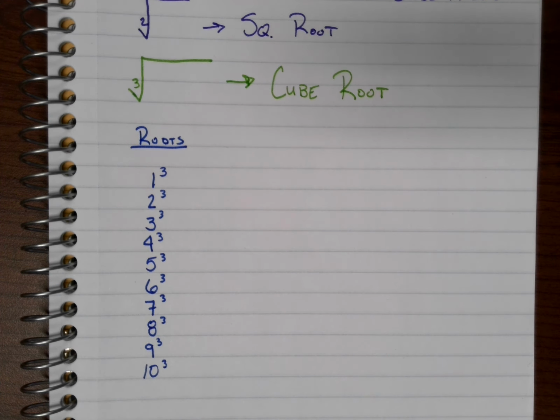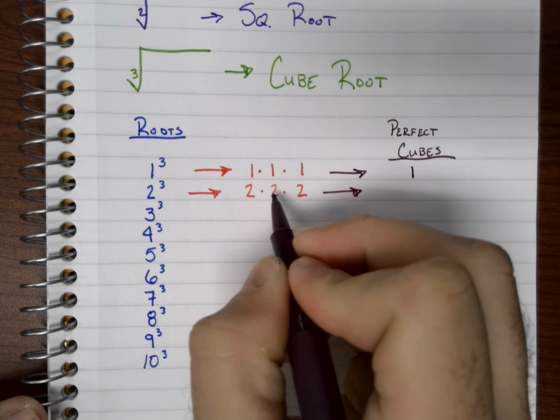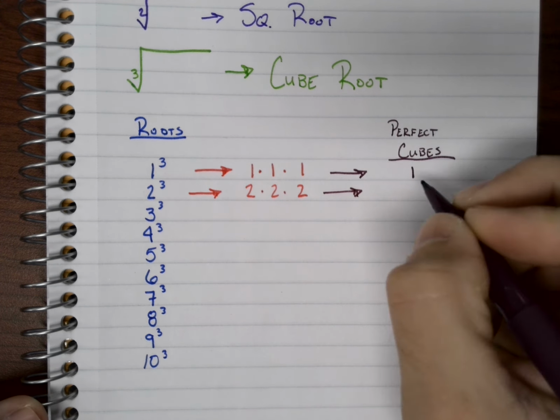These are our perfect cubes. Just like we have perfect squares, we have perfect cubes. So that's going to be 1. The next one, obviously, is going to be 2 times 2 times 2. 2 times 2 is 4. 4 times 2 is 8.